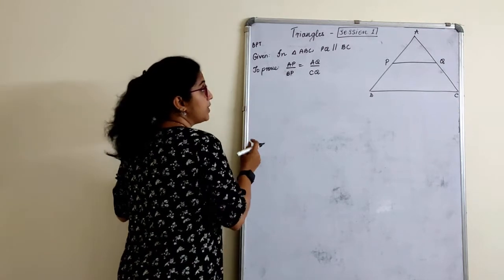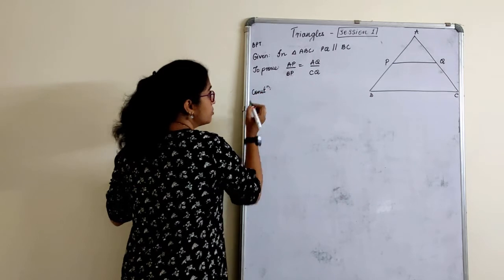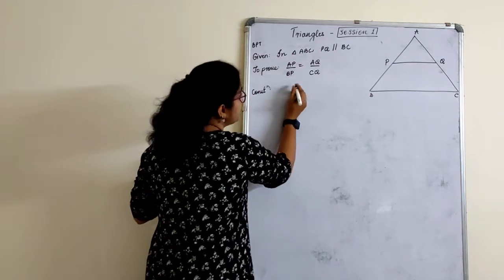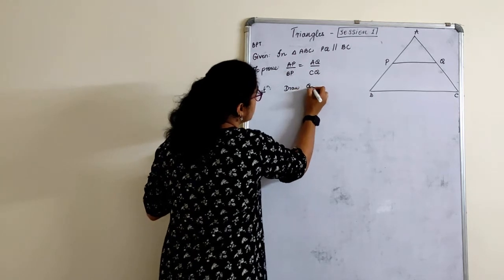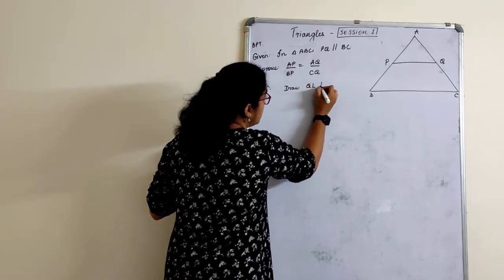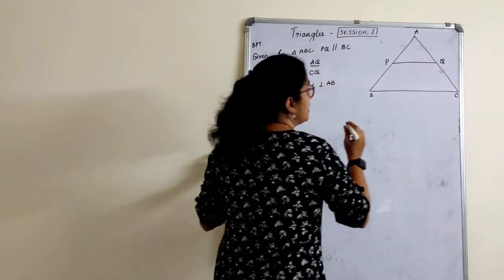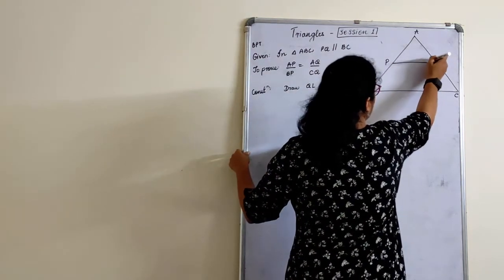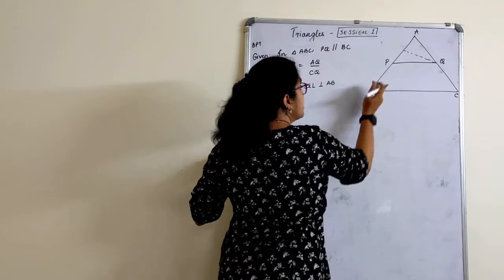But only with this we cannot prove. We require some construction. So what construction will we write here? Draw QL perpendicular to AB. Right? See, it is perpendicular to AP as well as AB.